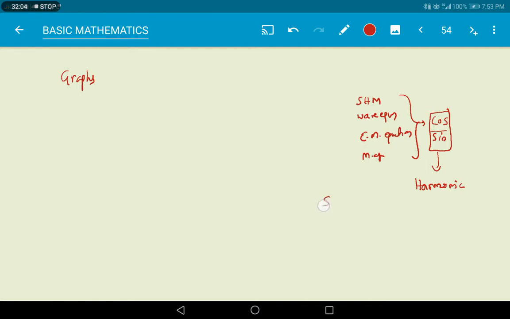That means sine 0 is 0. Again after completion of one revolution, sine 360 is also 0. In the same way, cos 0 is 1, cos 360 is also 1. That means they are repeating their values after a regular interval of time.